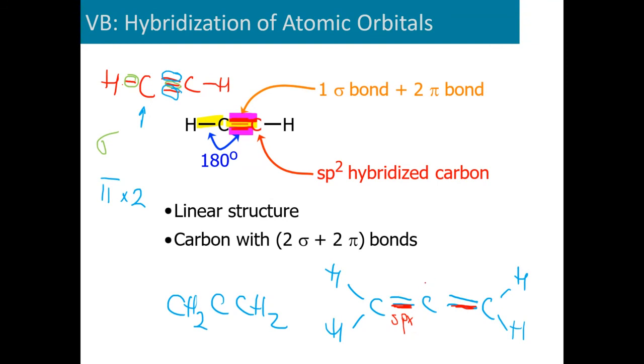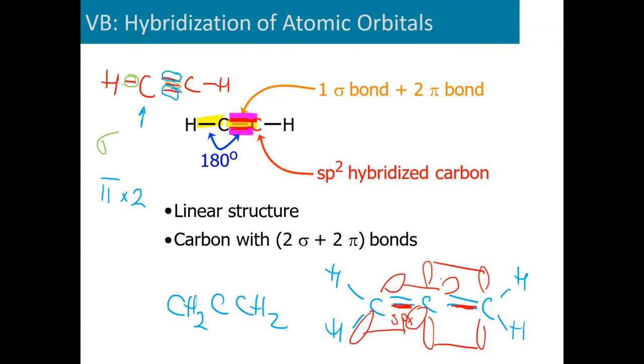And so that means that there are actually two pi bonds that have not been hybridized, and one of those pi bonds can interact with another pi bond from a terminal carbon on the right side, and the other one can interact with another that is perpendicular to that.